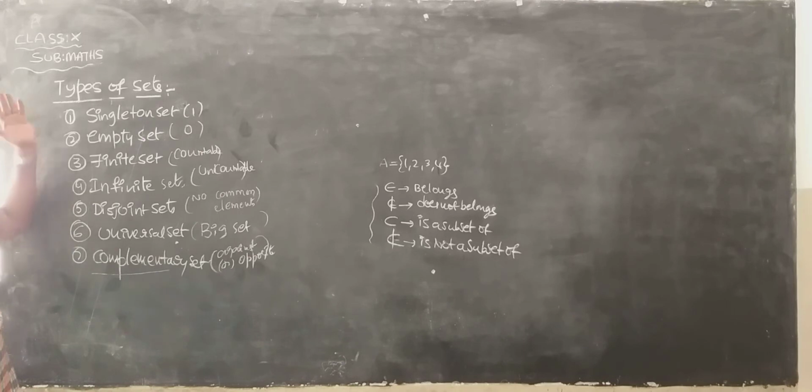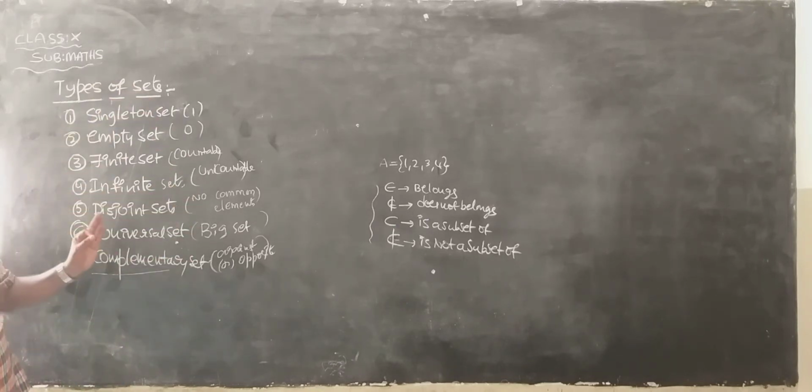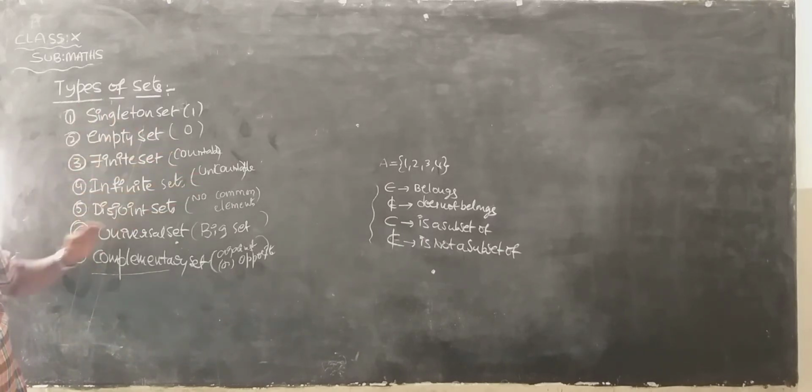Number one, singleton set. Single means one. Number two, empty set. Number three, finite set. So they are the important words that I wrote inside the brackets. In brackets, for everyone, I wrote one or two words, so they are important. Finite set means we are able to count. Infinite set means we are unable to count.